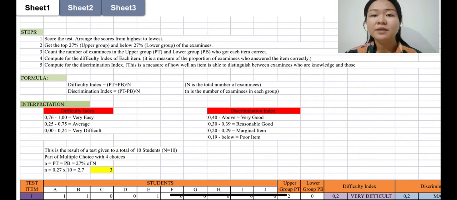So n equals 0.27 times 10, which equals 2.73. That's all about the formula, interpretations, and also the result.